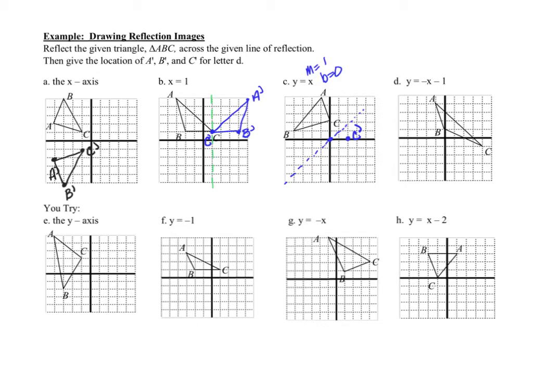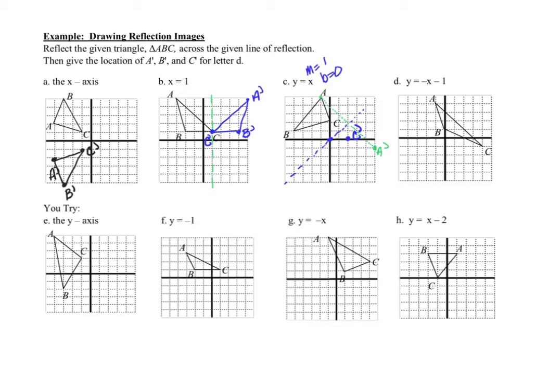To get point A, I'm going to be a little bit more careful. Point A starts right up here. I'm actually going to draw little lines. So point A is 1, 2, 3 diagonals away. So on the other side, I need to be 3 diagonals away also. So 1, 2, 3. That will put A prime right here.